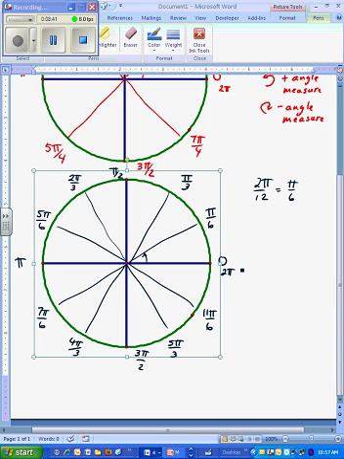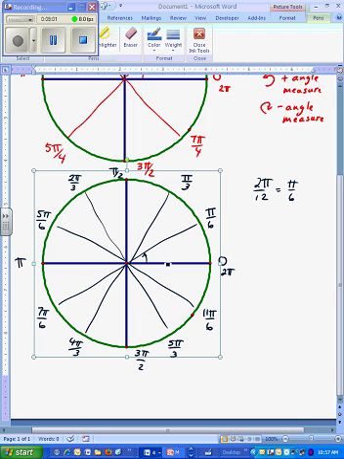Now, just like we could do with the pi over 4, I can go in reverse direction. So this angle measurement right here would be negative pi over 6, negative 2 pi over 6, negative pi over 3, negative pi over 2, and so on. So that's how we split up these unit circles.